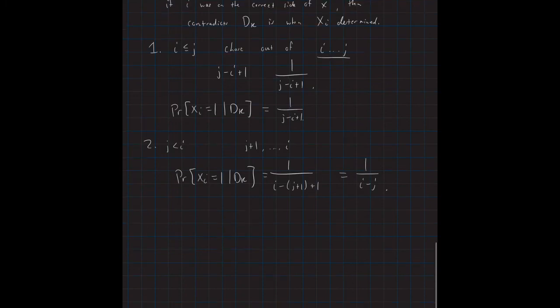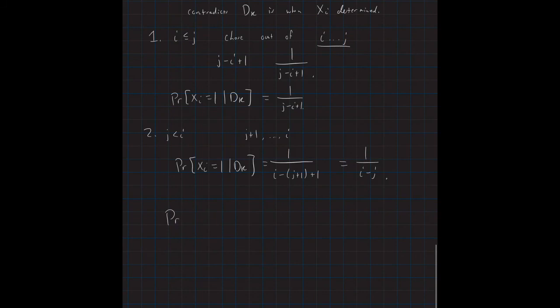And you'll notice that neither of these probabilities actually depend on k, and so we can actually just conclude that the probability that xi is equal to 1 will be exactly 1 over j minus I plus 1, or 1 over I minus j. And this happens exactly when I is at most j, and this will happen exactly when I is greater than j.